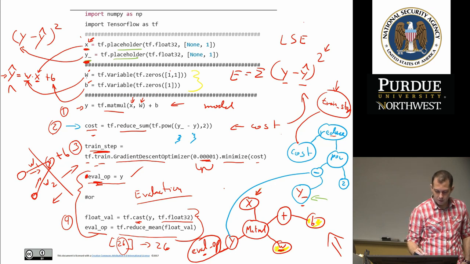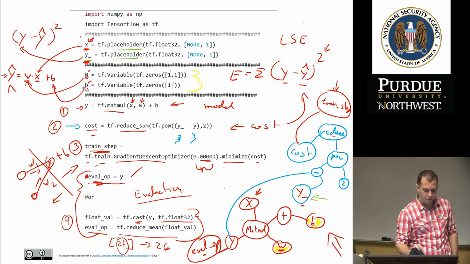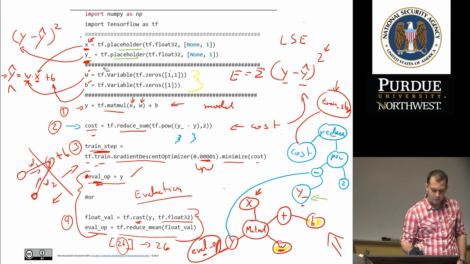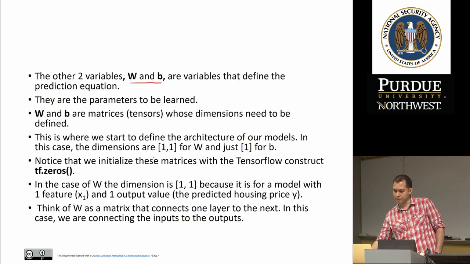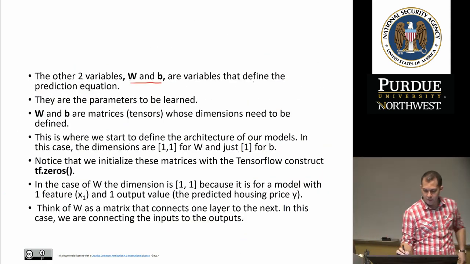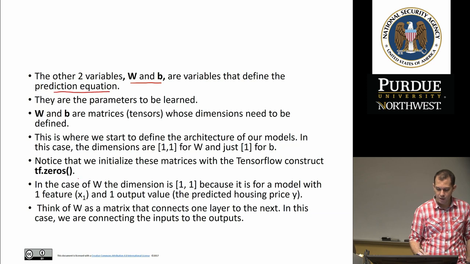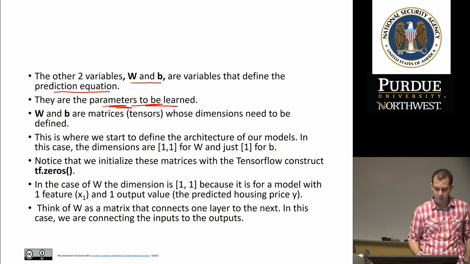This W and that B here are also things that we define, so they are variables in our code. The other two variables, W and B, define the prediction equation. They are the parameters to be learned in the model. W and B are matrices, tensors.